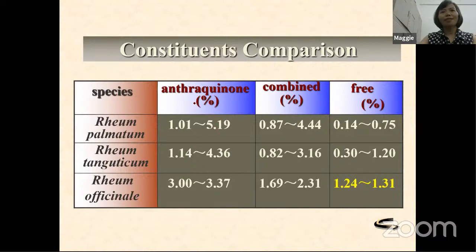It includes total anthraquinones, combined anthraquinones, and free anthraquinones. In the 3 species, the table indicates that the free anthraquinone in Zoomer Fresnel is the lowest. So this is a comparison of constituents in 3 species.